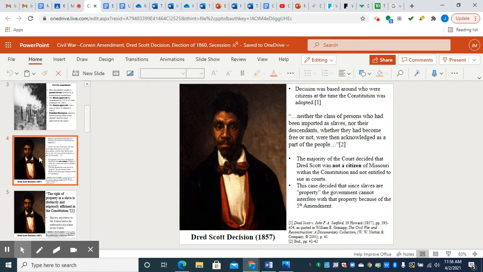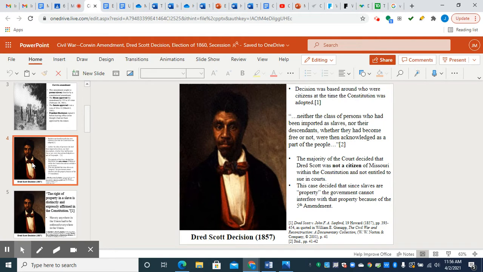So it all centers around this man named Dred Scott, okay, who had been a slave. And you can look up some of his history and things about him. It's kind of an interesting story. But this is what the Supreme Court case had to deal with.